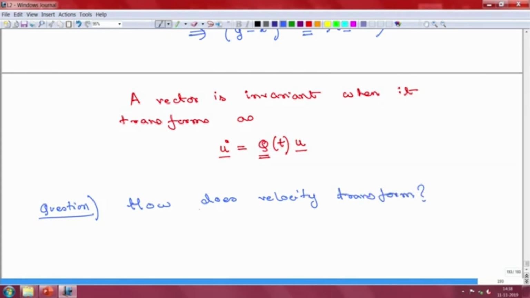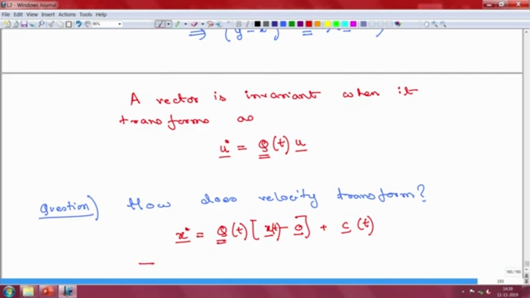We know that we have previously written that expression. Let us just rewrite this, and this is also a function of time. We have to discuss the velocity.